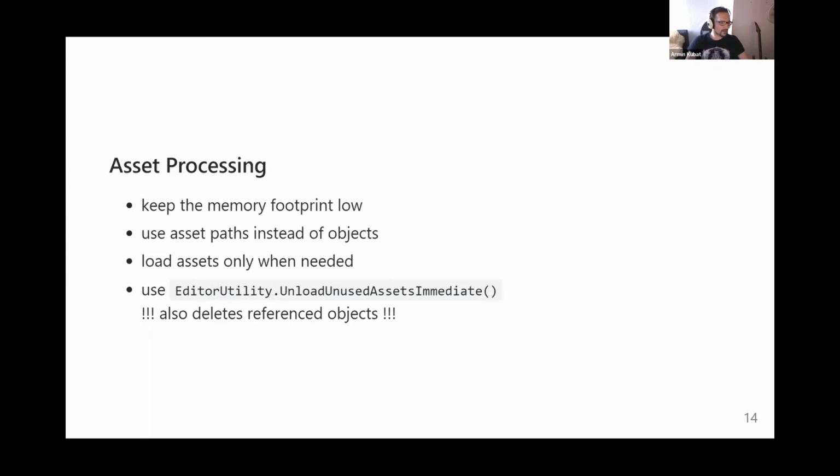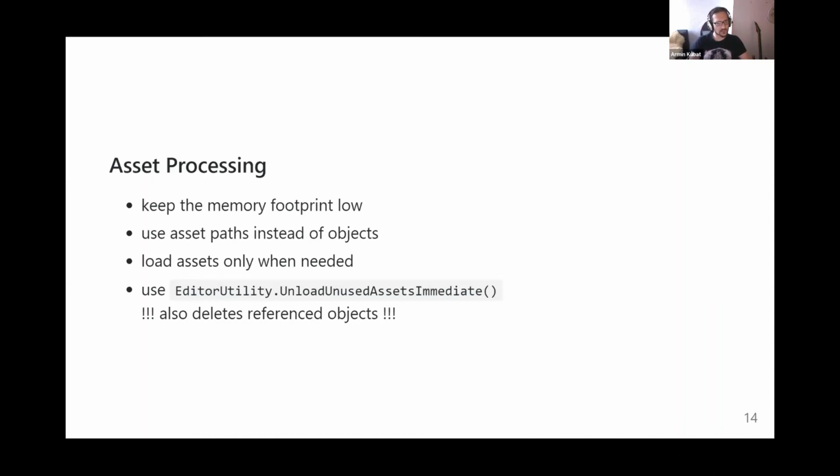So it is very important to keep a low memory footprint, even in your editor scripts. And you can do this by using the asset paths instead of the actual objects when you want to pass objects between functions. Just pass the path and then load the asset in this function when you need it, and then unload it.